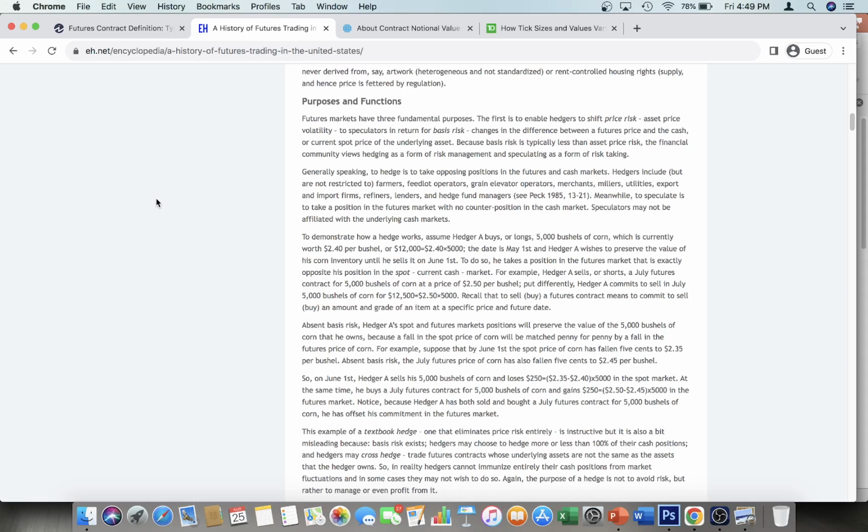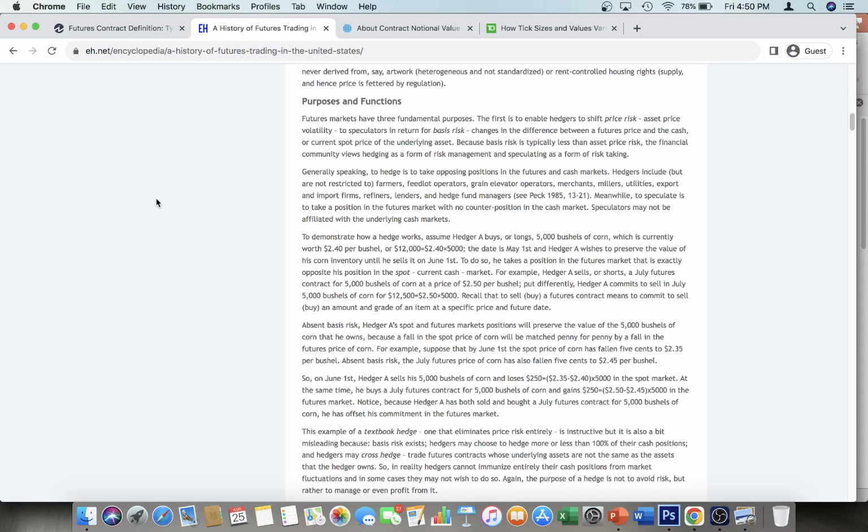And the second purpose that I think people use futures markets for is to speculate. This is saying that risk is shifted from hedgers to speculators, which I kind of agree with. But I think in today's markets, you have no idea if you're buying from somebody hedging or somebody speculating. There's no way you can determine that. But those are the functions, right?